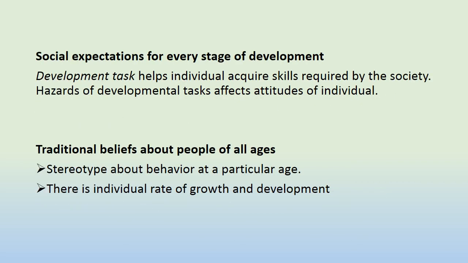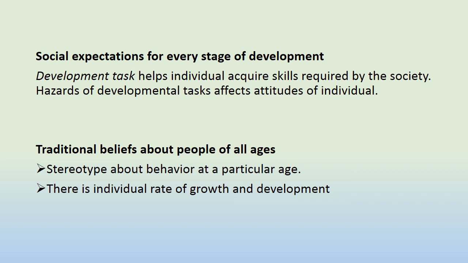Another factor is social expectations for every stage of development. When we talk about social expectations for every stage of development, every individual is supposed to perform certain tasks at a particular stage, and these are called developmental tasks. These developmental tasks help individuals acquire skills required by the society.